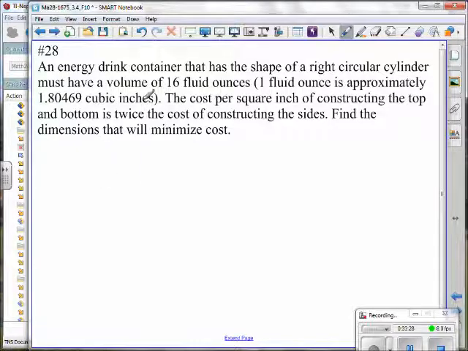Okay, an energy drink container has the shape of a right circular cylinder. Can you draw a figure? Can you draw a picture of that?